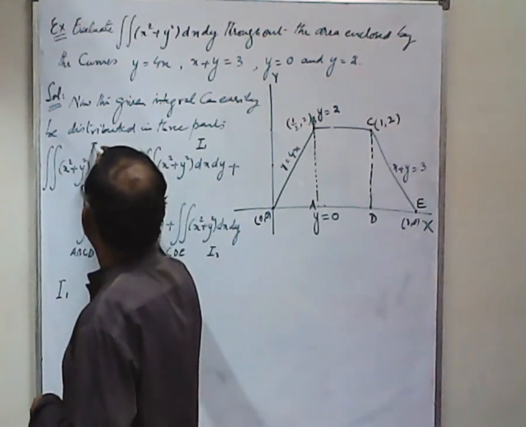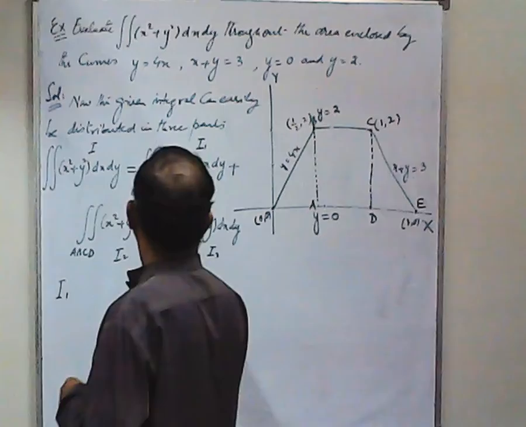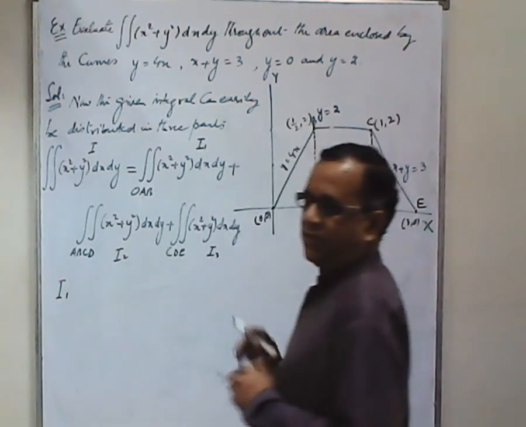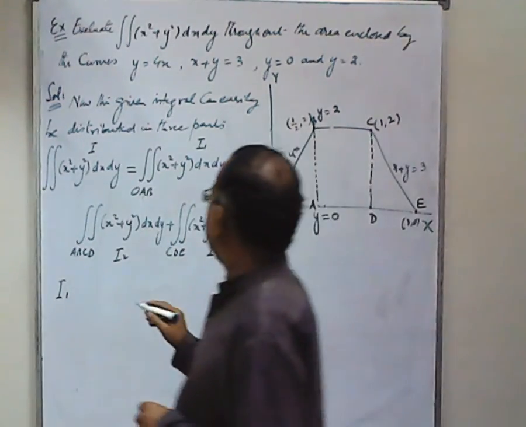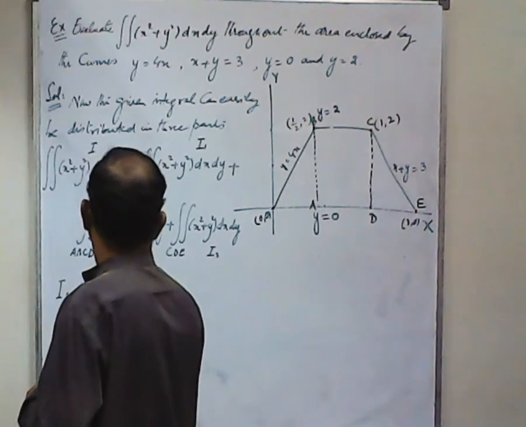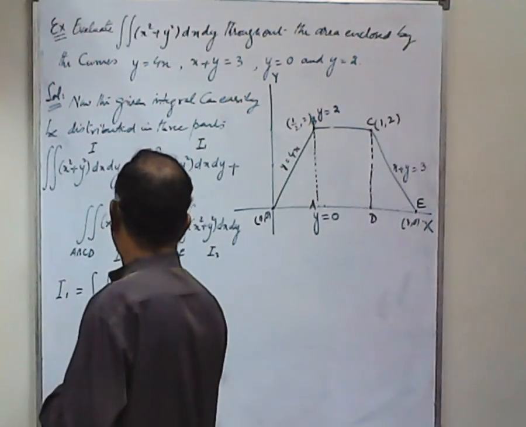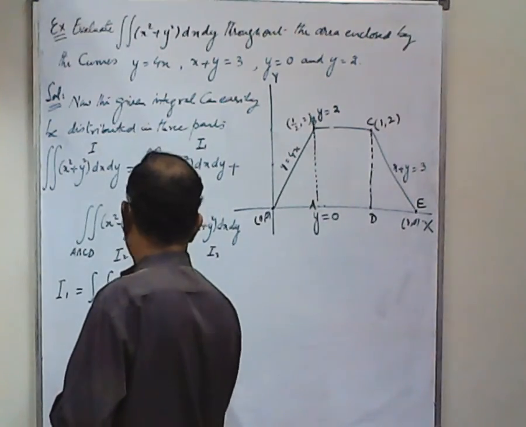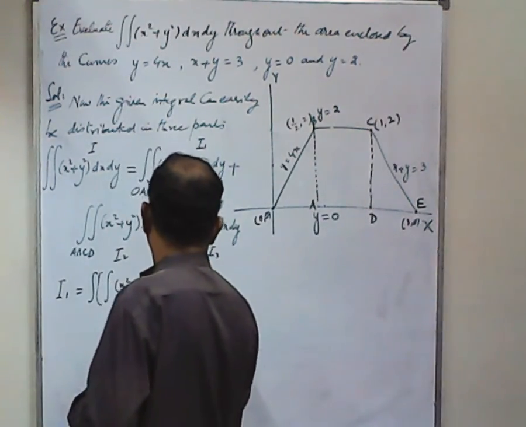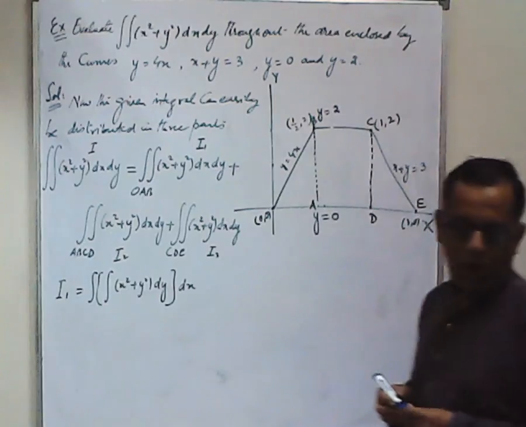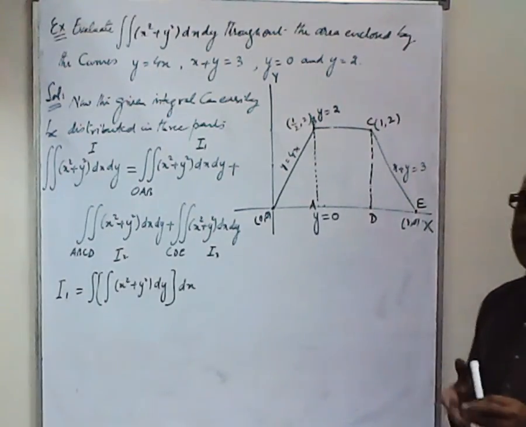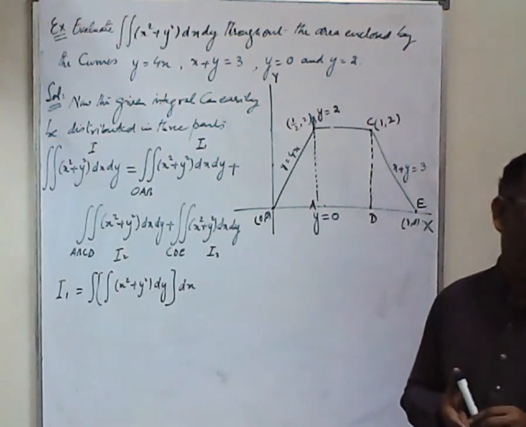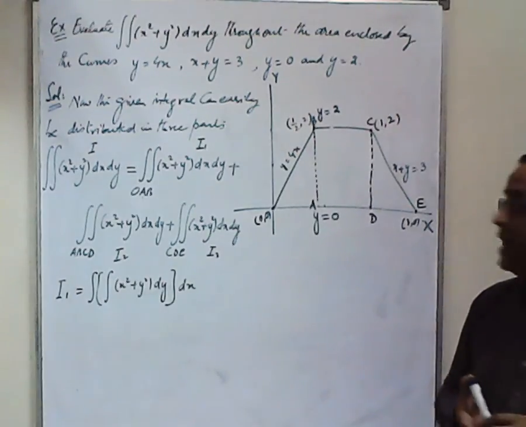Let's say this is I, so I equals I1 plus I2 plus I3. Now for I1, I am highlighting the limits and following the same order. And what was the order? Integrating with respect to y first and then with respect to x.